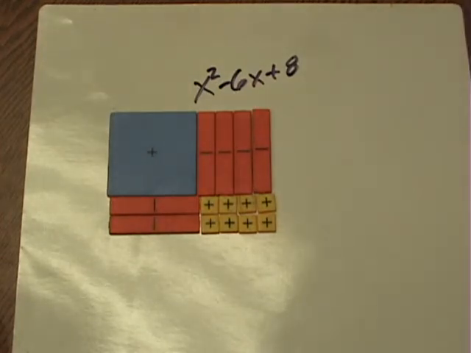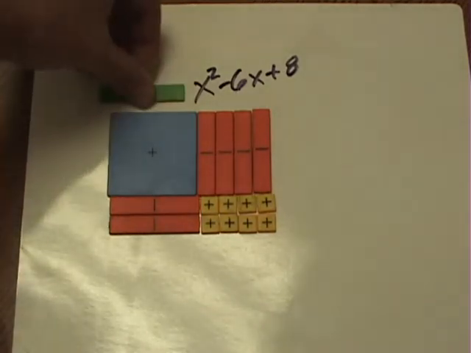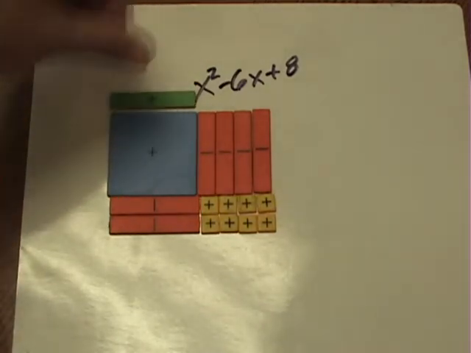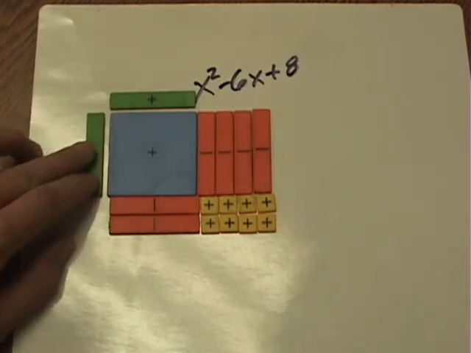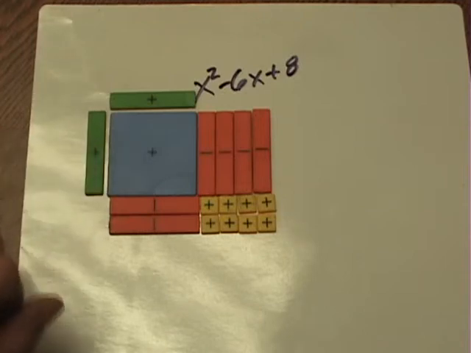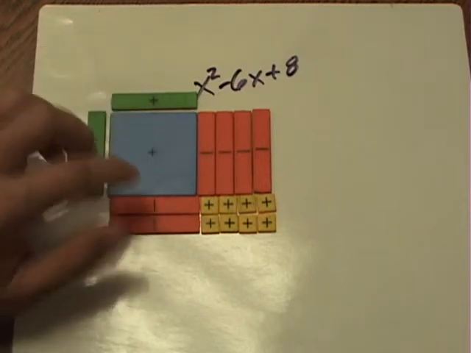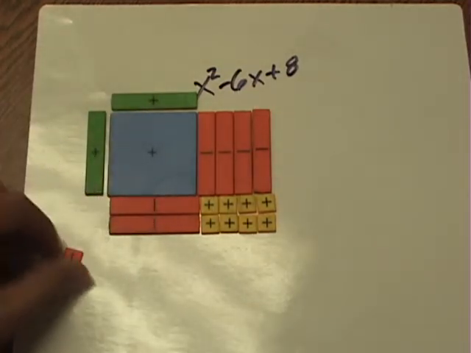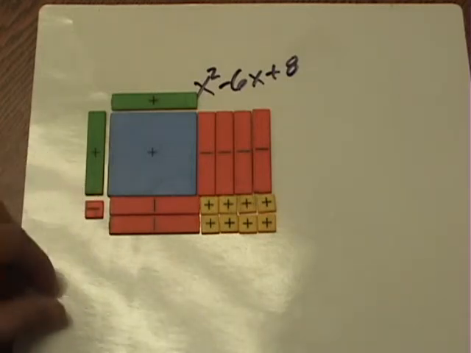Okay? So now I need to see what goes on the outside, which is going to be the factor of x squared minus 6x plus 8. Okay, well, I have this positive x squared, so let me start by trying to put some positive x's here. Okay? But now I have some negative x's here, so it has to be something times the positive x to give me negative x's. So I'll put some negative 1's out there, since these are only 1 unit long.